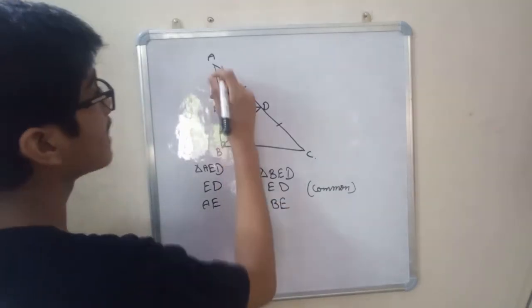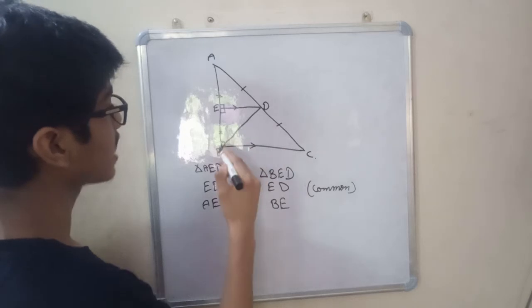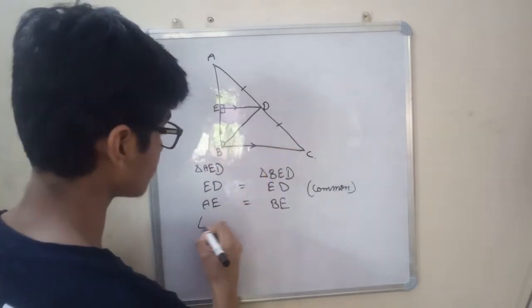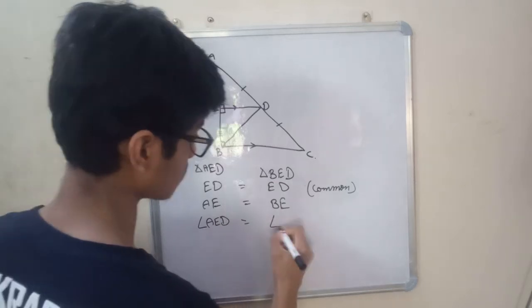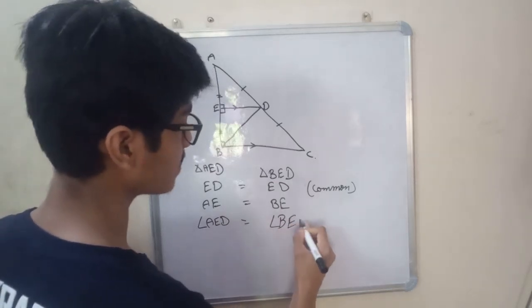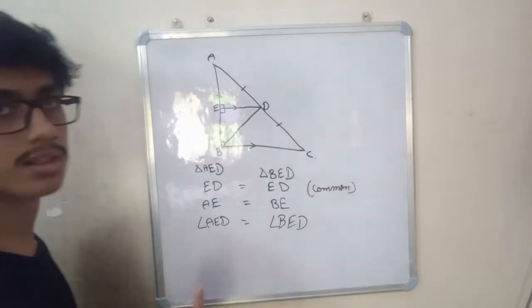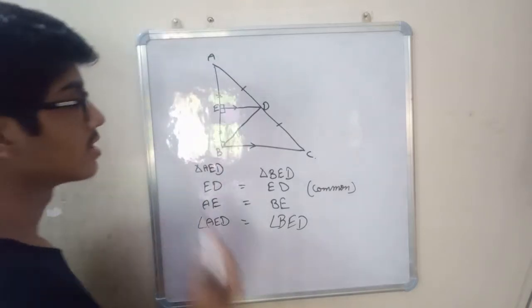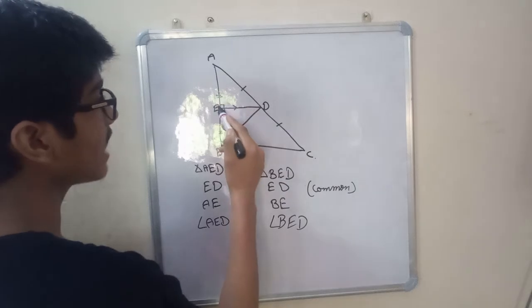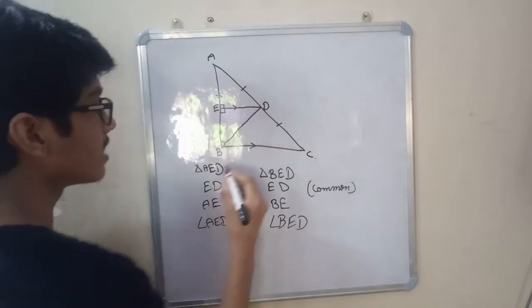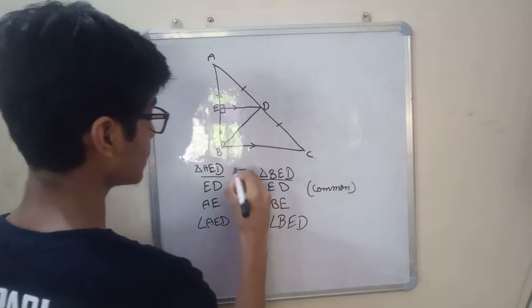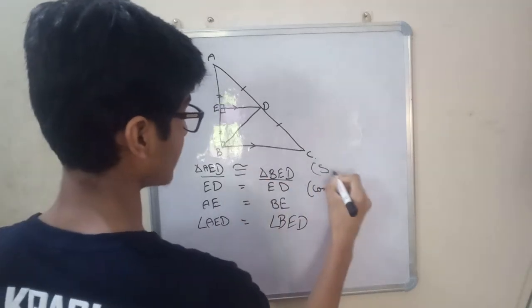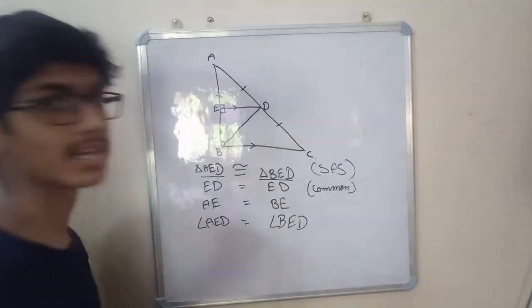Third thing, angle AED is equal to angle BED. We proved this also earlier, if you remember. So now we can see that triangle AED is congruent to triangle BED by the property SAS, side angle side.